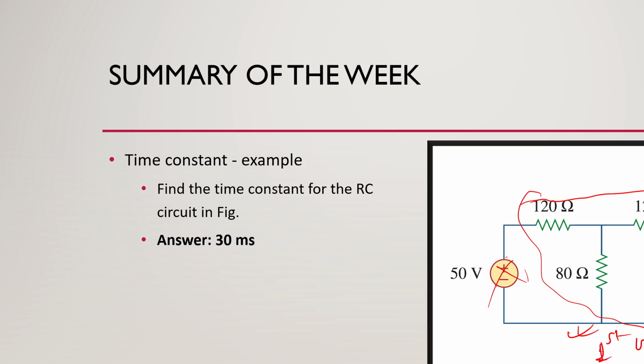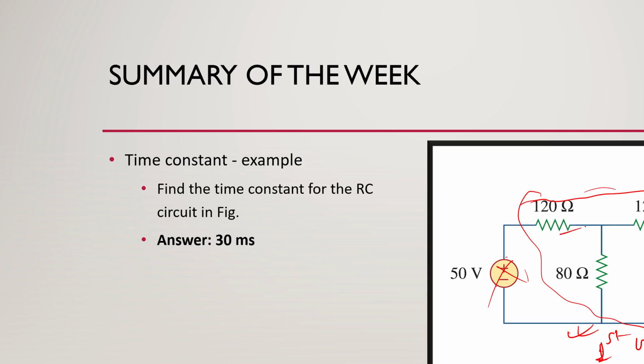Why did I say that it is a first order circuit? It is because there is only one capacitor. As I said, the order of the circuit will be at most equal to the number of memory elements in the circuit. In this case, the number of memory elements, which is a capacitor, is only one, right? So the order of the circuit is only one.